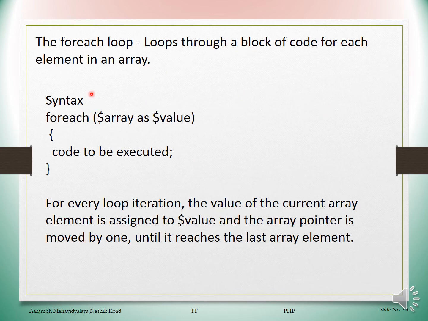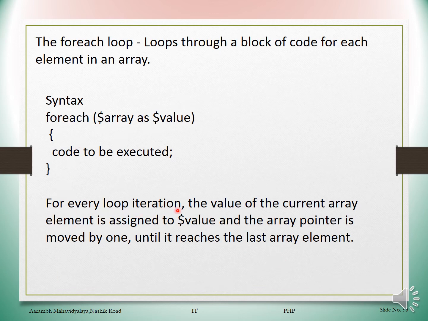Then the syntax of the foreach loop: foreach, then array as value, then open the foreach loop. Code to be executed: here statements will be provided which will be executed, and then we end the foreach loop.